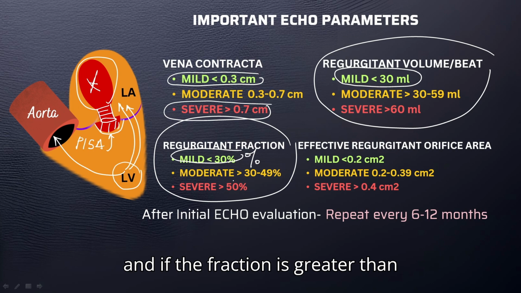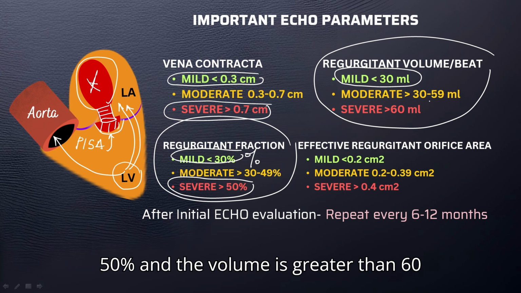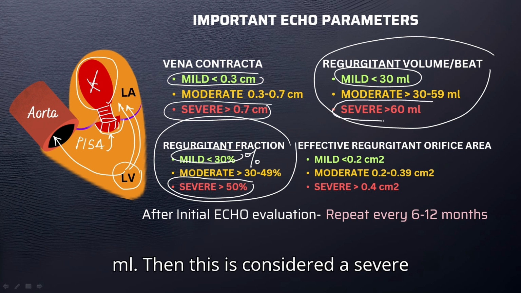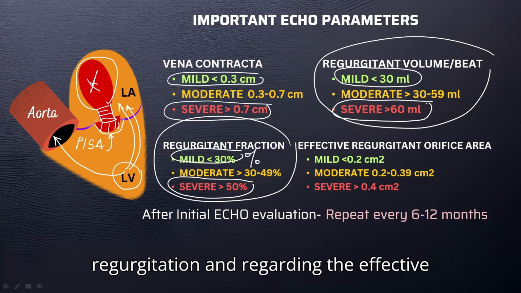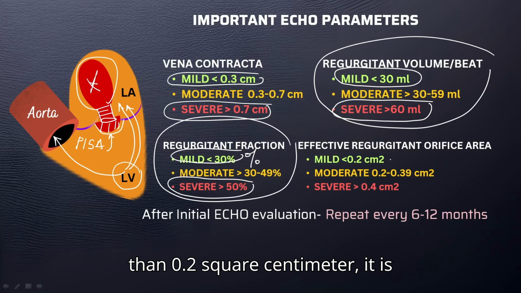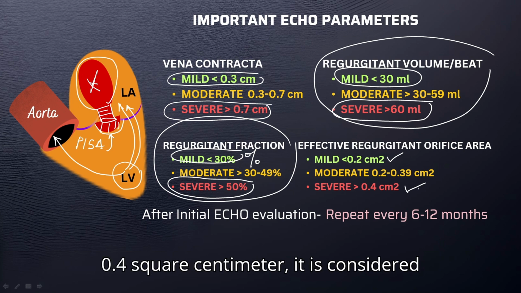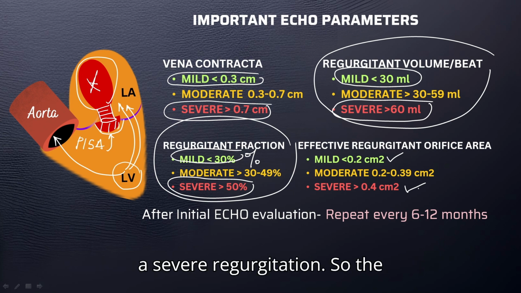And if the fraction is greater than 50% and the volume is greater than 60 mL, then this is considered a severe regurgitation. And regarding the effective regurgitant orifice area, if it is less than 0.2 square centimeters, it is mild. And if it is greater than 0.4 square centimeters, it is considered severe regurgitation.